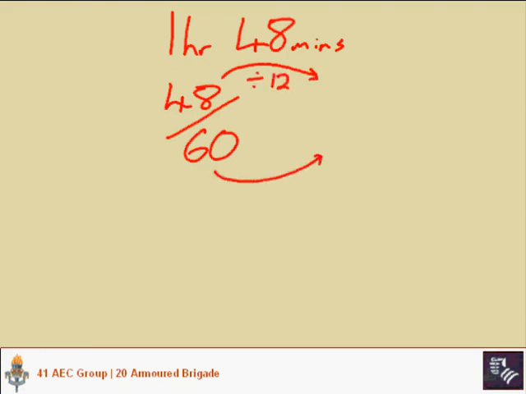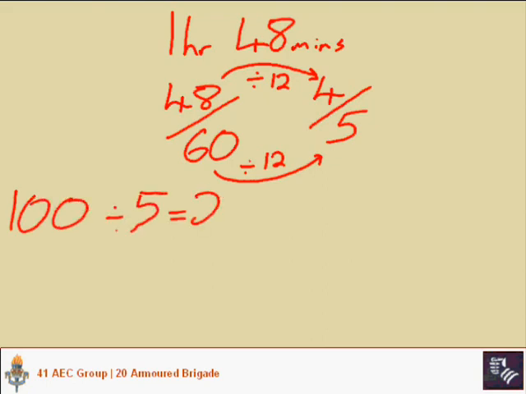Once we've cancelled down the fraction to its lowest form, we have 4/5. At this stage, we need to work out what 1/5 of 100 is, because now we're working in the decimal system. To do this, just divide 100 by 5. This equals 20. Now, we must multiply by 4, as we have 4/5. So 4 times 20 equals 80.